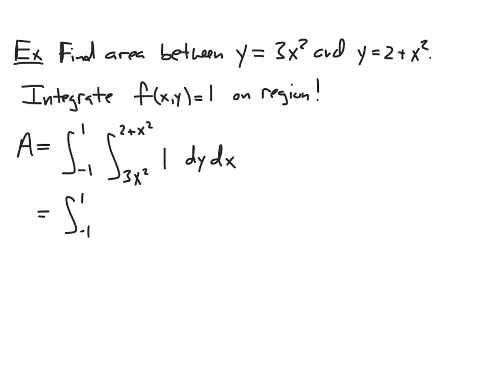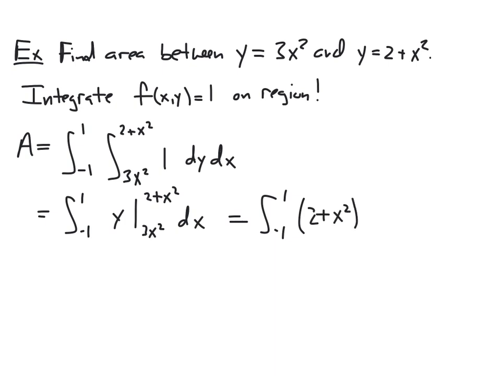So we have the integral from -1 to 1 of y, evaluated from 3x squared to 2 plus x squared, dx. And that will give us 2 plus x squared minus 3x squared.